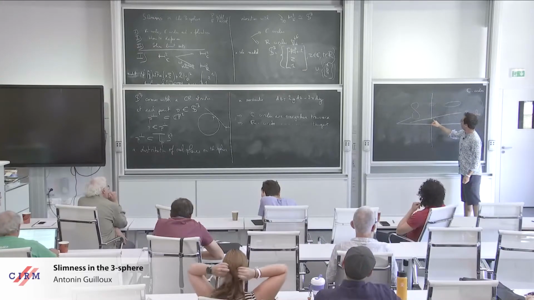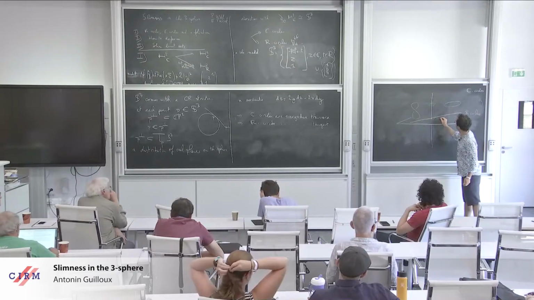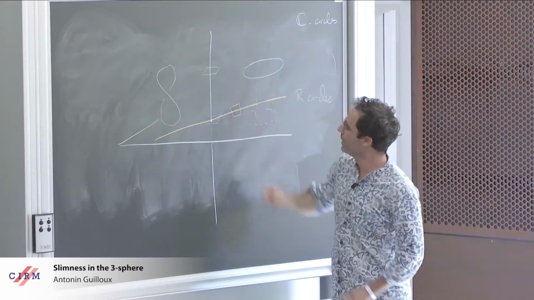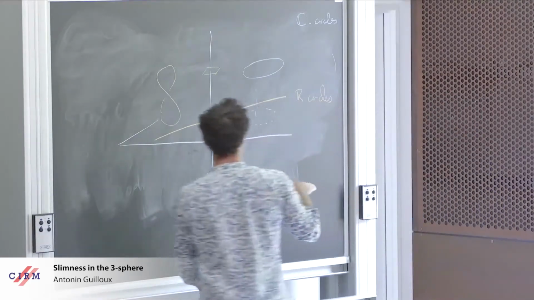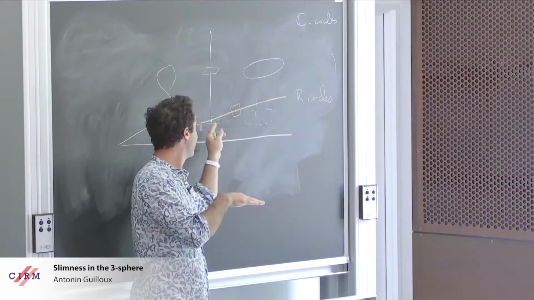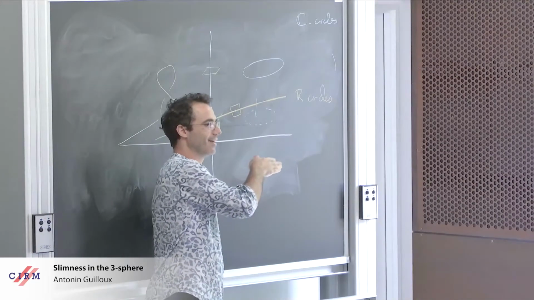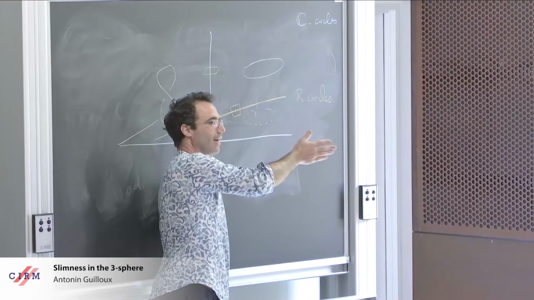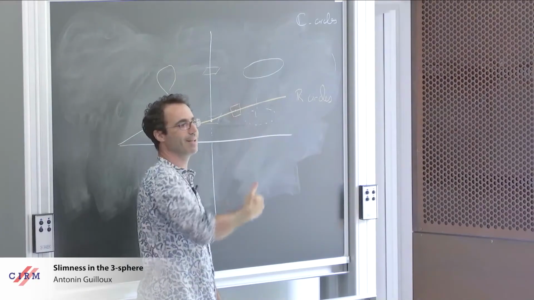And okay, here it's maybe a bit more tricky to see. What you can check is that when you go along a line in the complex plane, then your contact plane rotates up to becoming vertical. And then the distribution of planes is invariant by rotation, invariant by vertical translation.